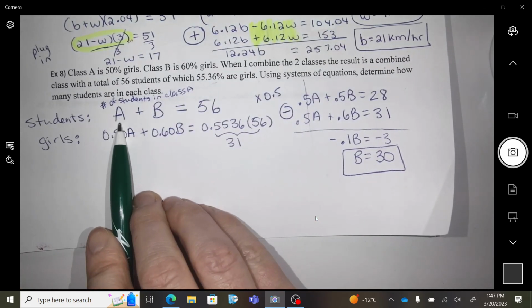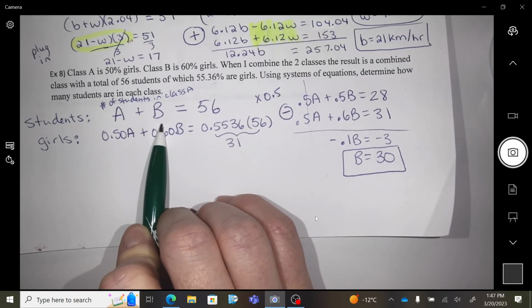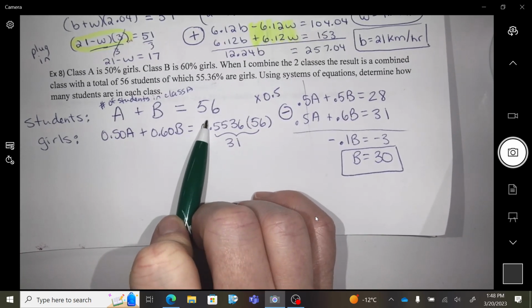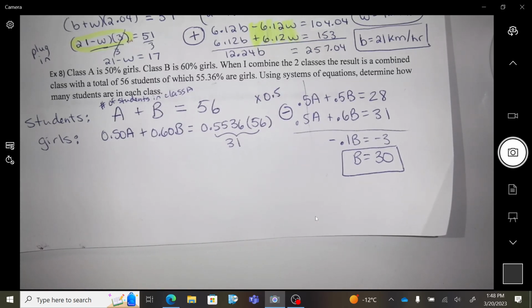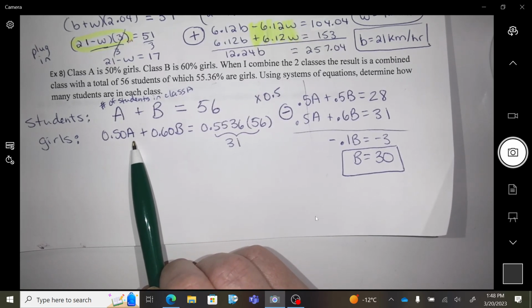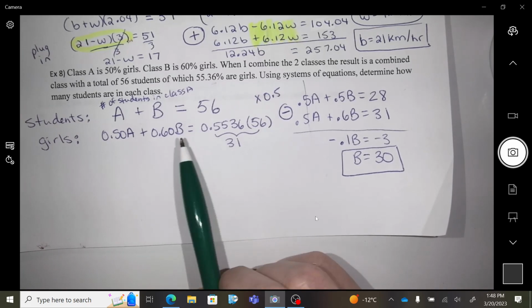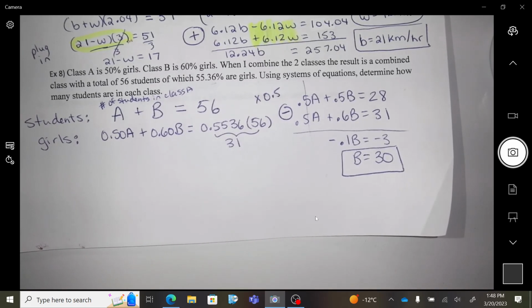The number of kids in class A plus the number of kids in class B all together are 56 kids. Then I knew that 50% of all the A kids are girls and 60% of the B are girls. So this is the percent of those classes that are girls.